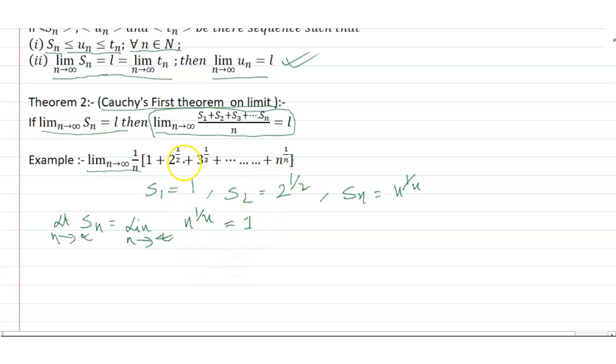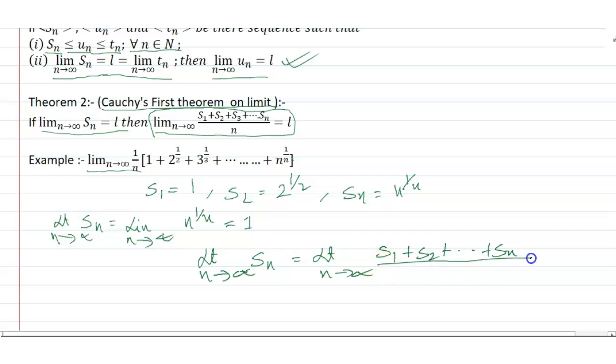So according to Cauchy's first theorem, limit n tends to infinity Sn equals limit n tends to infinity (S1 plus S2 plus up to Sn) by n.